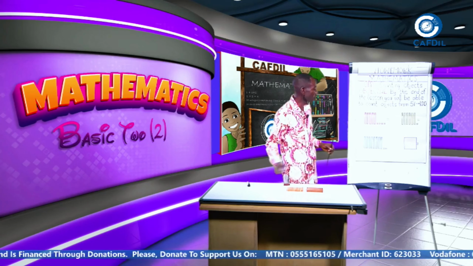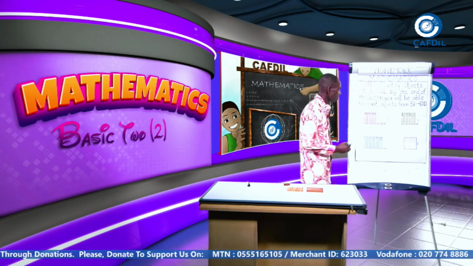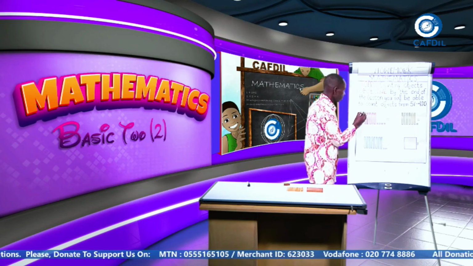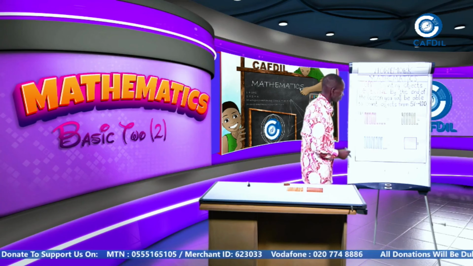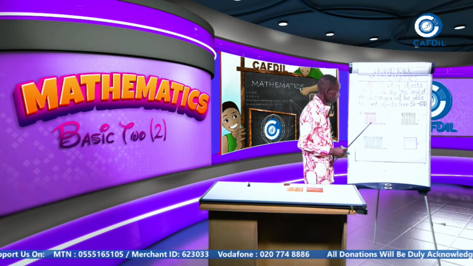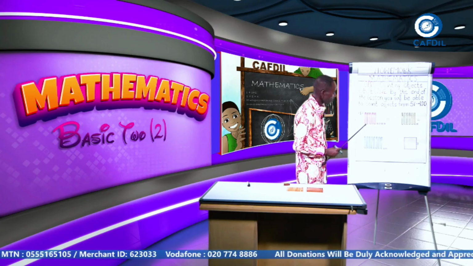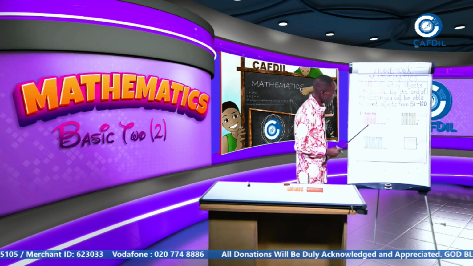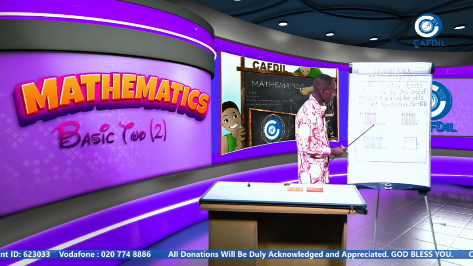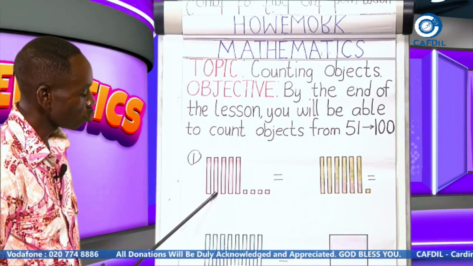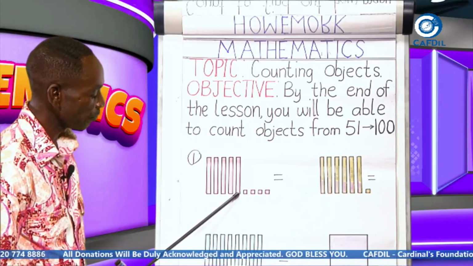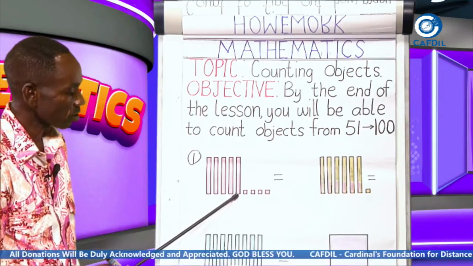Let's look at the exercises on this chart. For number 1, I have 5 longs. 1, 2, 3, 4, 5. 5 longs.